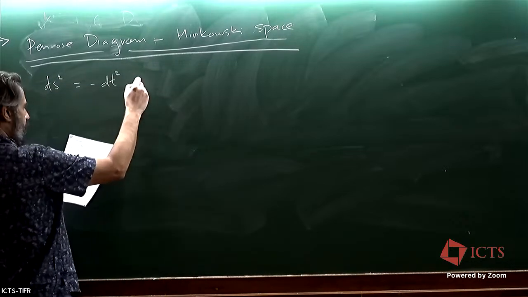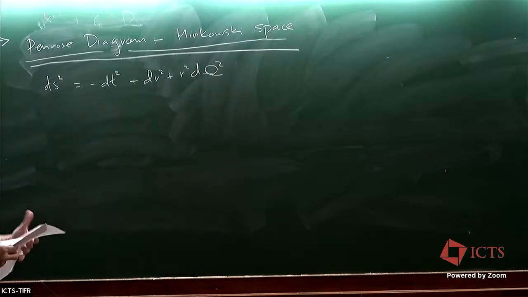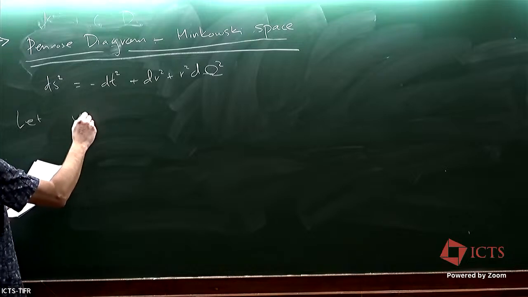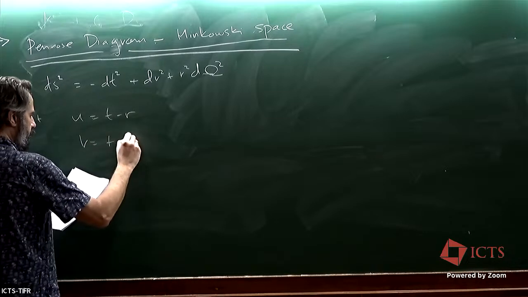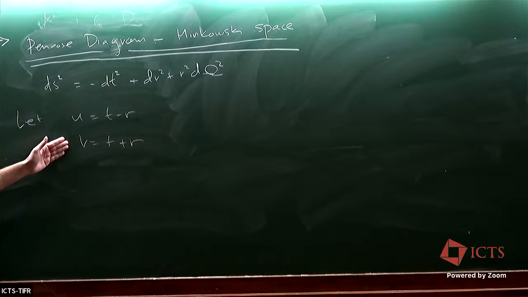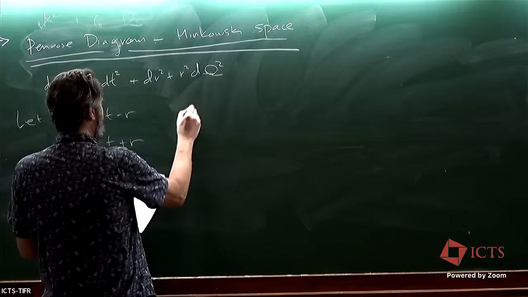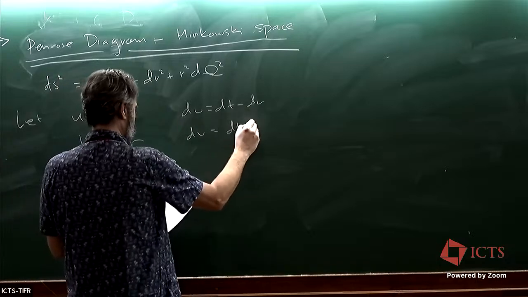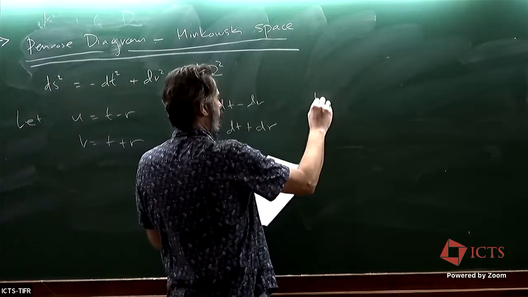So we're starting with this line element. And then we introduce coordinates which are very similar to the Eddington-Finkelstein coordinates, because of course the null coordinates, v and u equal constant, correspond to left moving and right moving light rays. So these are null coordinates.